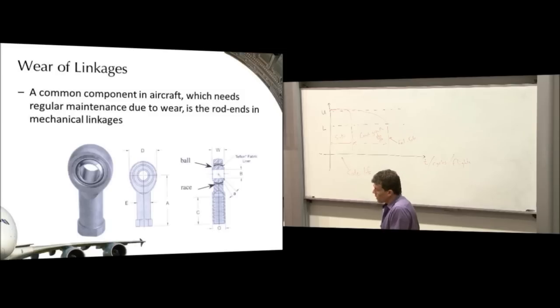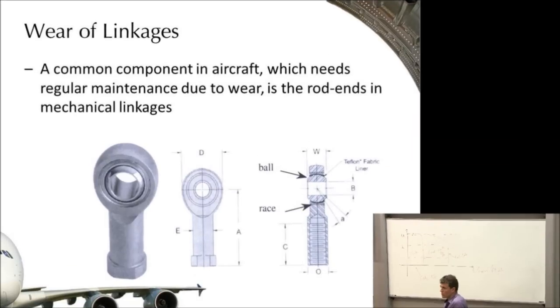Now, wear is mostly common in things like linkages. So where we've got a spherical kind of cup joint in a control linkage, there's a lot of these in an aircraft. They're relatively easy to inspect, luckily, but there's quite a few of them working control surfaces.